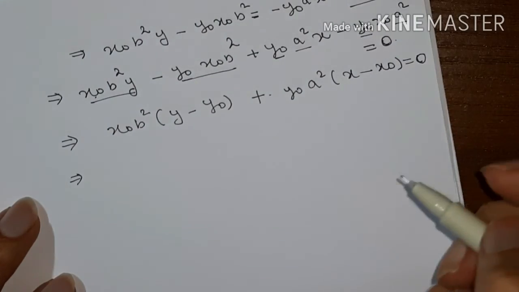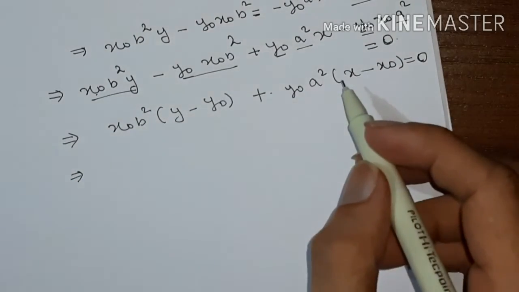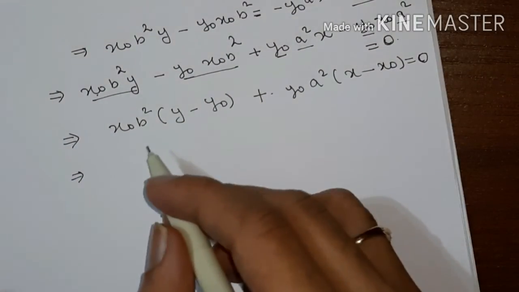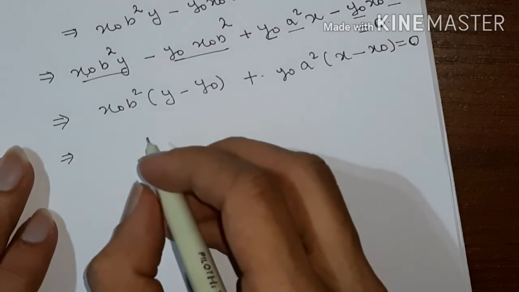So now see, what we can do here is divide by a²b²x₀y₀.